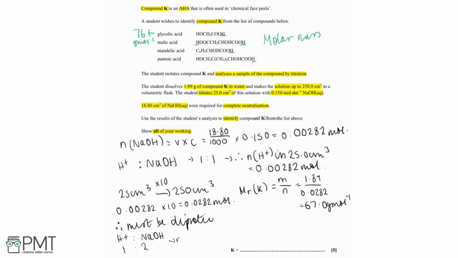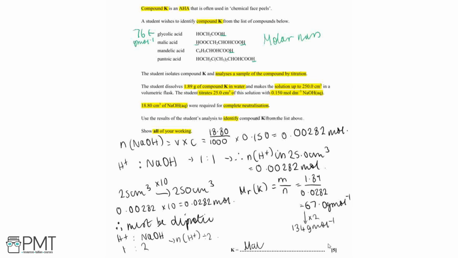Therefore, our moles of the acid will be halved in total, which means that we can double our MR. So we can times this by 2, and you can work this all the way through as well, and this gives us 134 grams per mole. We've only got one diprotic acid from the list, so our answer must be malic acid, and as you calculate the molar mass of malic acid, this is also 134 grams per mole.